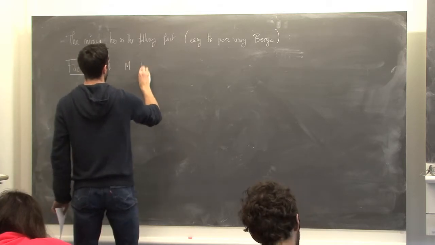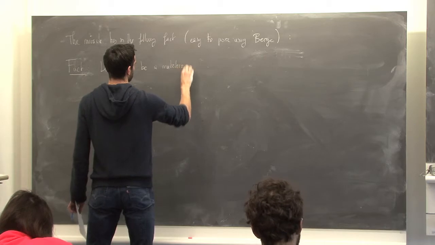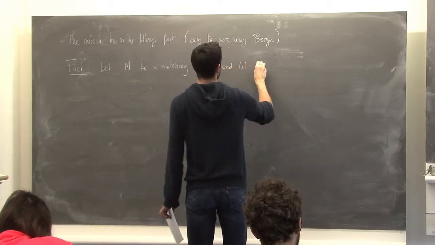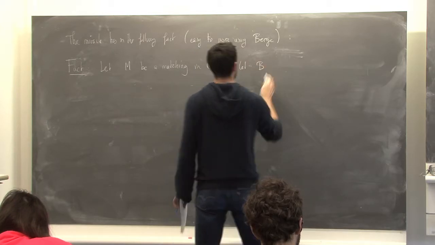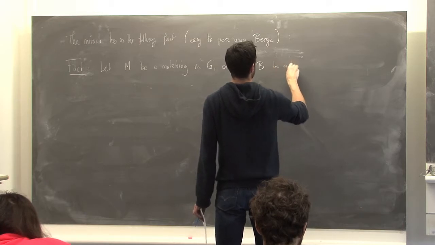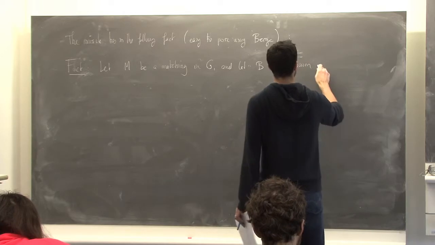Let M be a matching in G, and let B, I already have letters B, it's okay, be a blossom. So blossom relative to M, meaning this form.